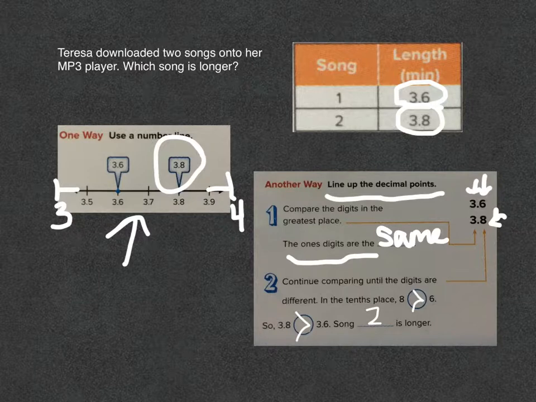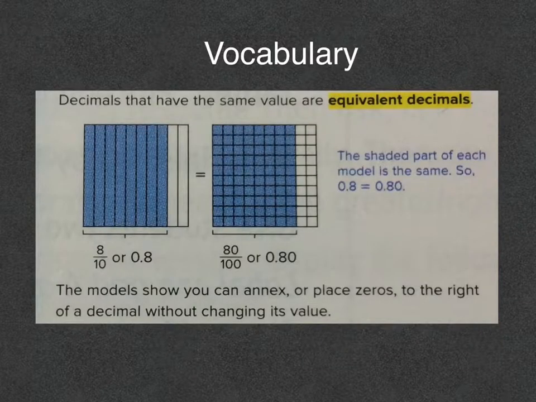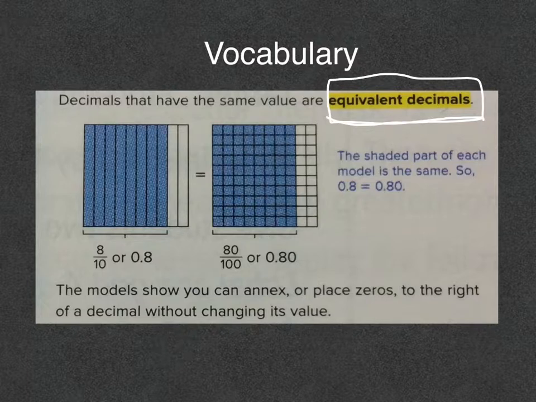All right, let's look at some more examples. First we're going to talk about a vocabulary word, which should be written into your notebook: equivalent decimals. What this means is 8/10 written as a fraction or 8/10 written as a decimal means the exact same thing, and it also means the same thing as 80 hundredths written in decimal form. The models show you can annex, or get rid of, or place zeros to the right of a decimal without changing its value.